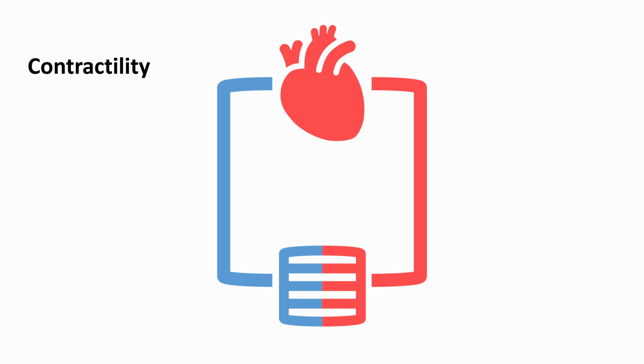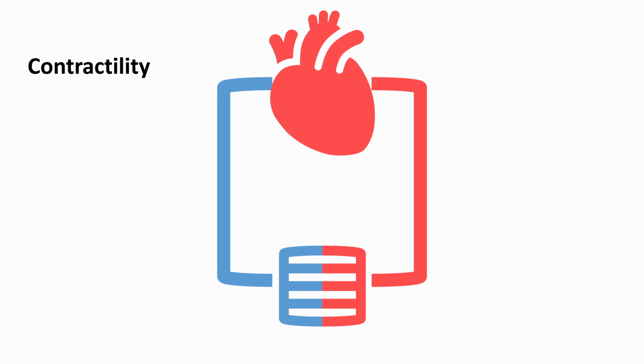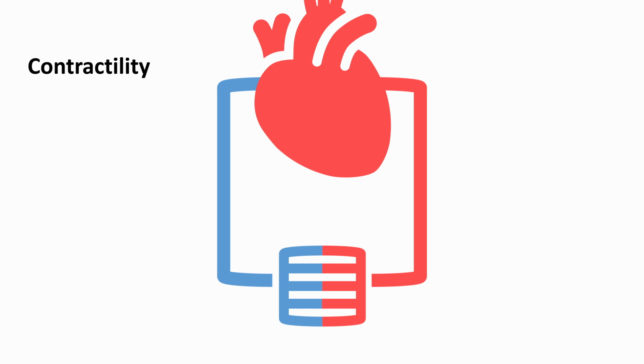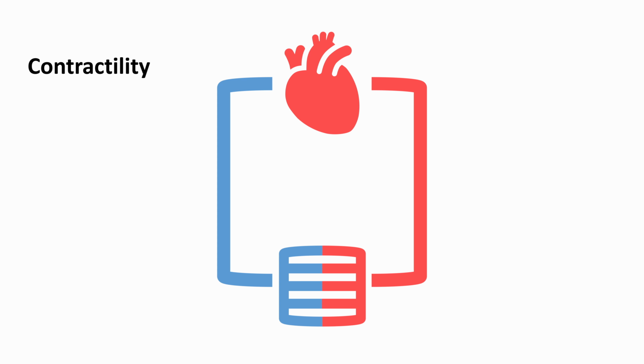So if we load up the heart with lots of fluid and increase preload and really stretch out those cardiomyocytes, the next squeeze is going to be a really strong one, much stronger than it would be if the heart wasn't as full. You've probably heard about this as the Frank-Starling mechanism. If we increase preload, we can increase contractility, at least up to a point. Stretching those muscle fibers beyond what they can handle can actually make things worse and ultimately decrease contractility.